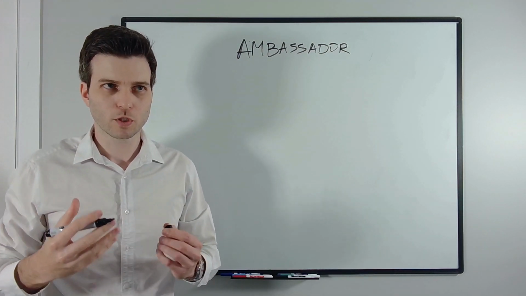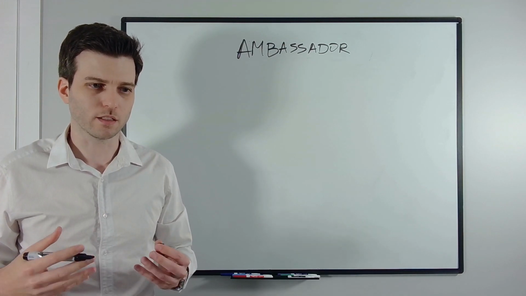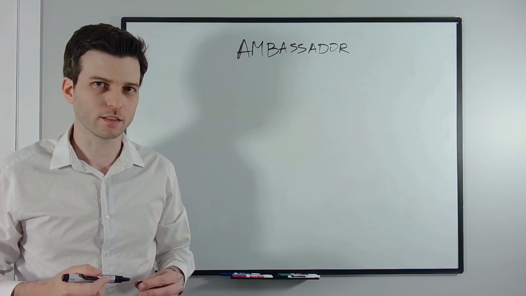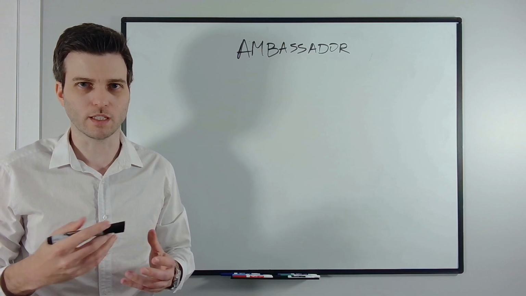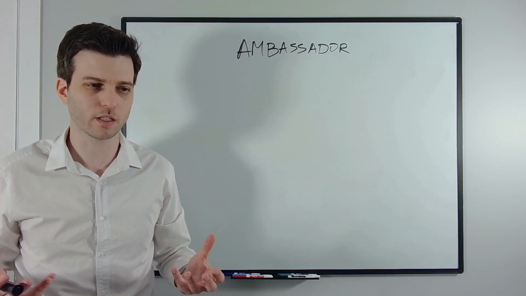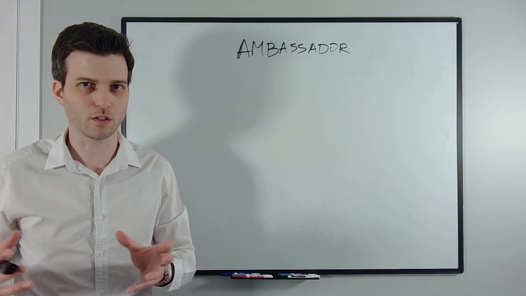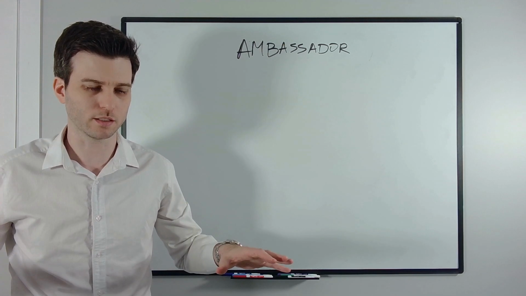Well, first of all, I want to make a point for all of those developers that are used to working with object-oriented design patterns, such as the adapter or the wrapper, which work on the class level of a software. The ambassador is actually an architectural design pattern and not an OOP pattern. It works at the system level.